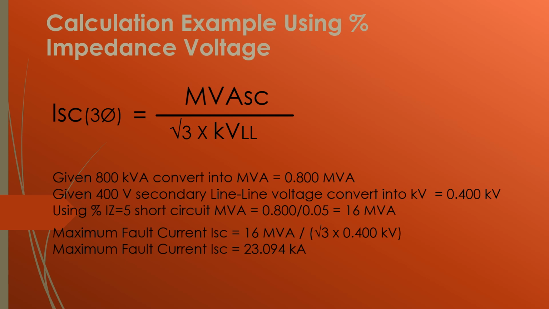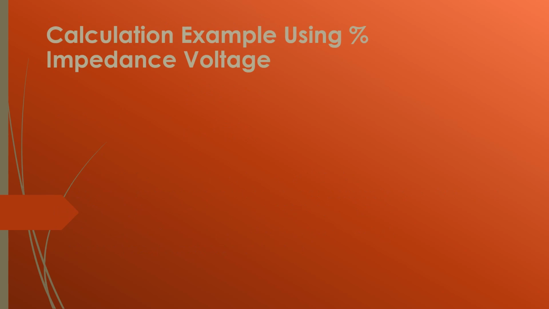So here we get 16 MVA. Now the maximum fault current I short circuit equals 16 MVA divided by the quantity square root of 3 times 0.4 kV, and it results in a maximum fault current I short circuit of 23.094 kiloamperes.